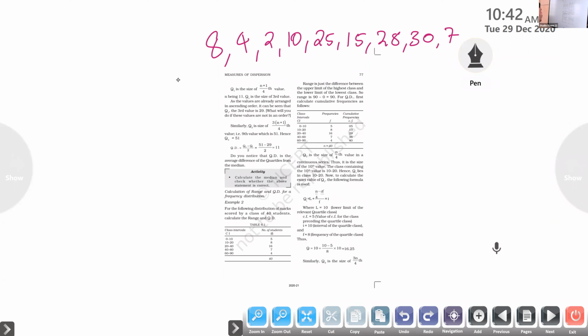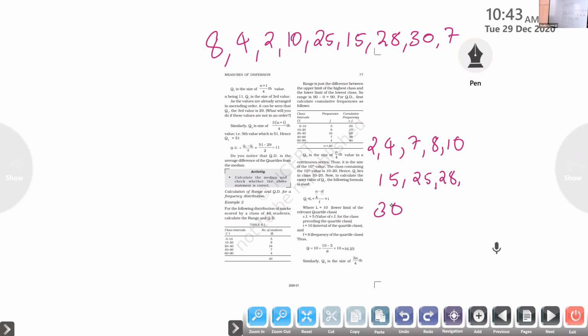For doing so, we can start like this: 2, 4, 7, 8, 10, 15, 25, 28, and 30. Are they correct or not?